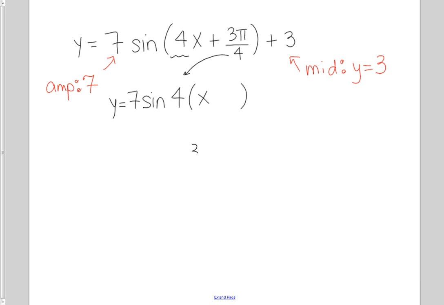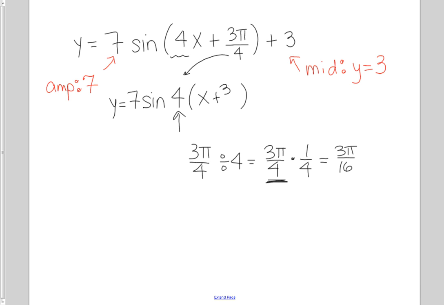Realize if I'm taking 3 pi over 4 and dividing out 4, that's the same thing as taking 3 pi over 4 and multiplying it by 1/4. So essentially, whatever you're putting out in front, you're going to do the opposite to what was originally on the inside. When I do that, I get 3 pi over 16.